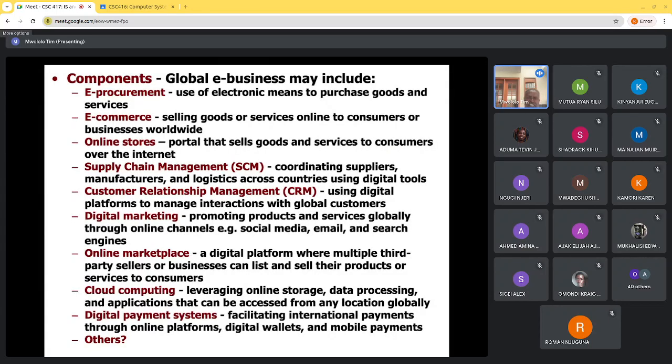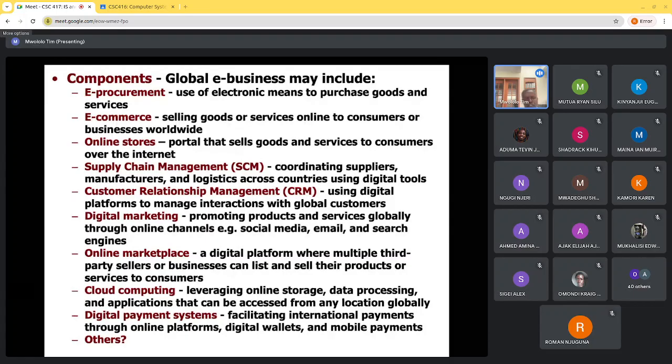So that supply chain is critical, right from the manufacturing to the distribution centers, to the retail centers, to the last mile. Customer relationship management is critical, where you use digital platforms to manage interactions with your customers wherever they are located.